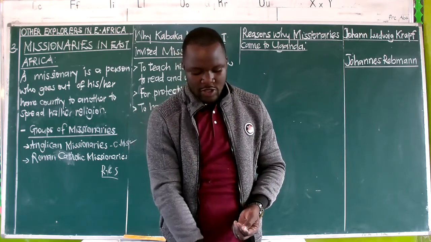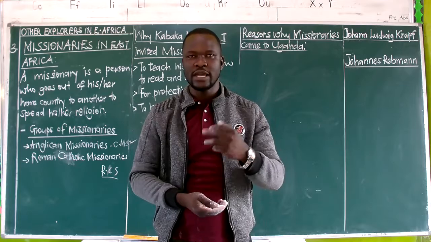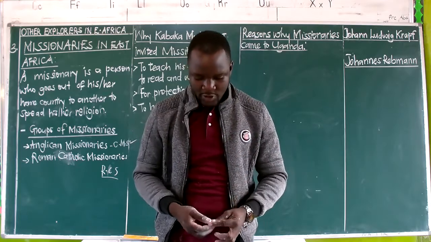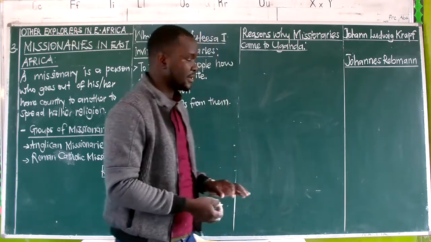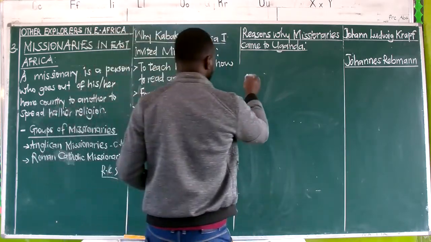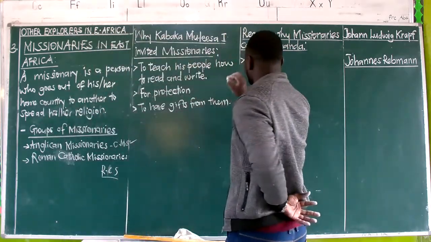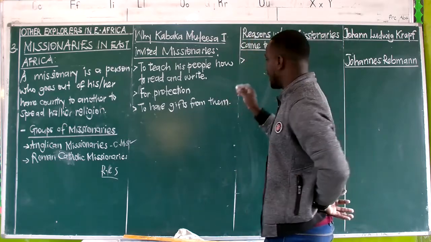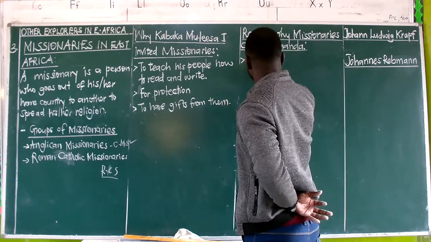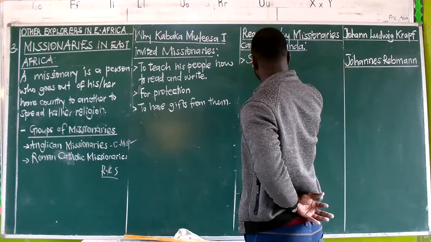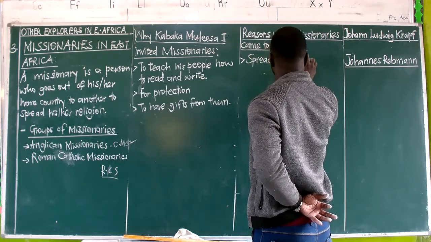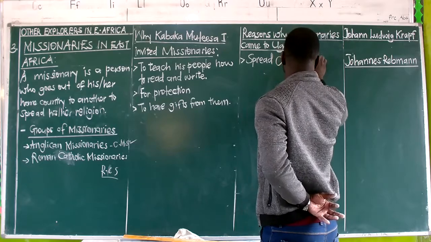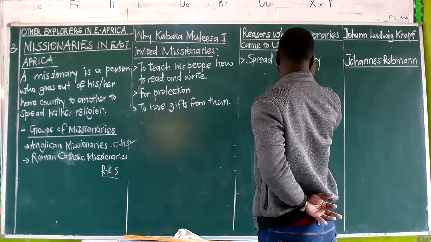However, we are going to look at the reasons why the missionaries came to Uganda, and we are having this on page 23. Missionaries came mainly, that is what I want you to get, mainly to spread Christianity. There is something we need to understand here.